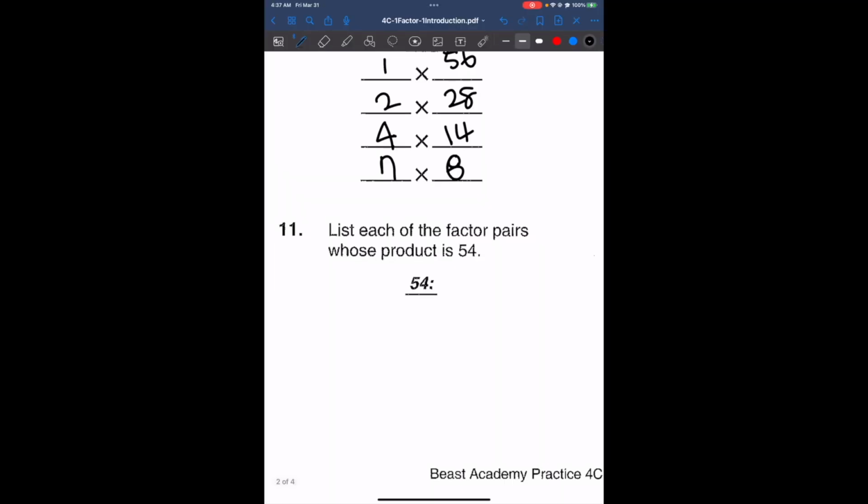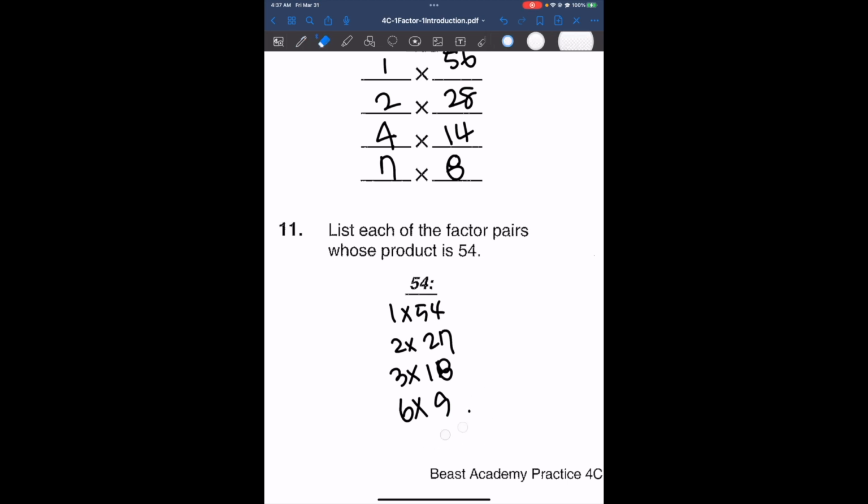For 54, we have 1 and 54, 2 and 27, 3 and 18, and 6 and 9. And then from there, it's going to be 9 times 6, so it's going to be repetition.